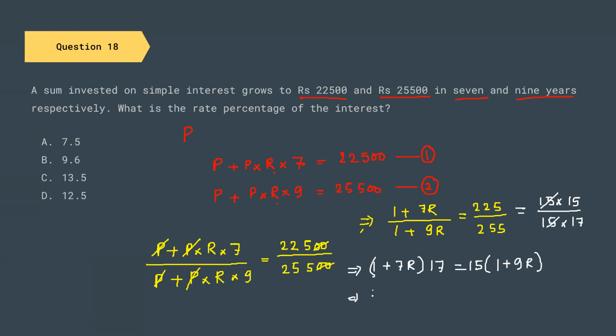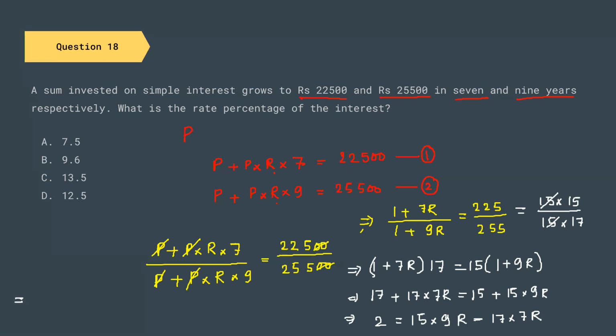So that gives us 17 plus 17 into 7R is equal to 15 plus 15 into 9R. So as to keep this as a positive equation, we will take 15 here. 17 minus 15 is 2, and that gives us 15 into 9R minus 17 into 7R.